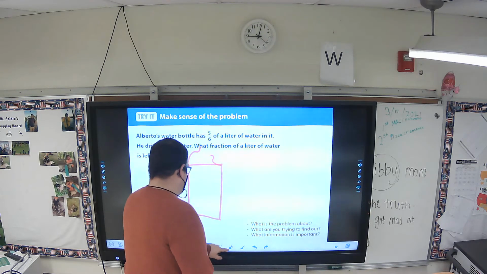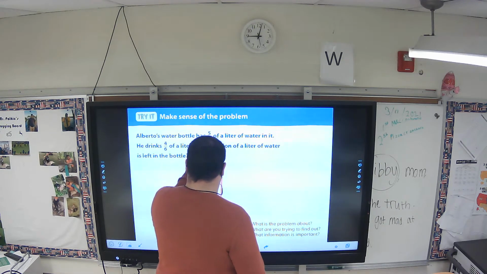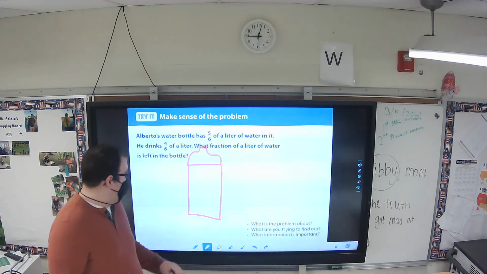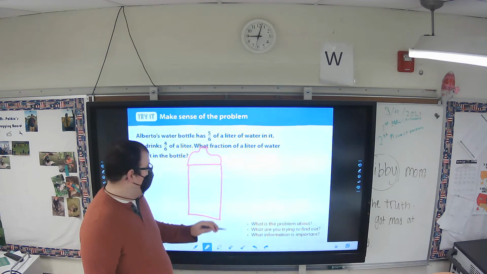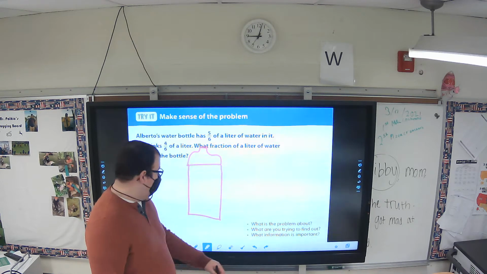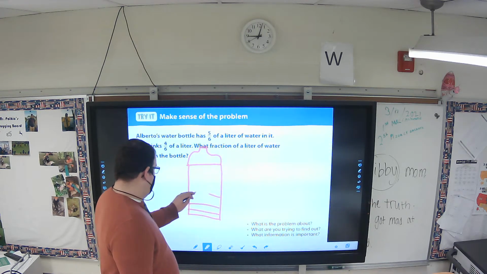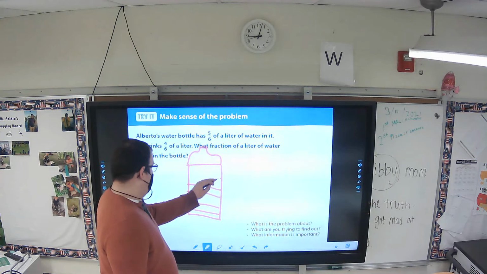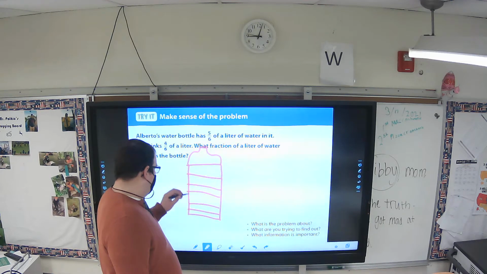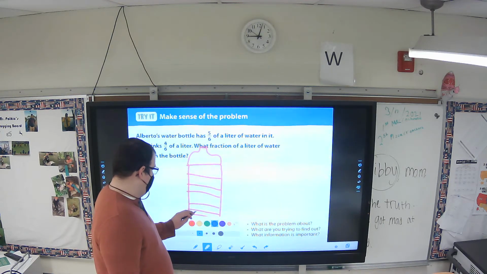We have, what are we going to break the water bottle into? 6 pieces, right? 1, 2, 3, 4, 5, 6. So there's 5/6 of water in it. So we fill it in.